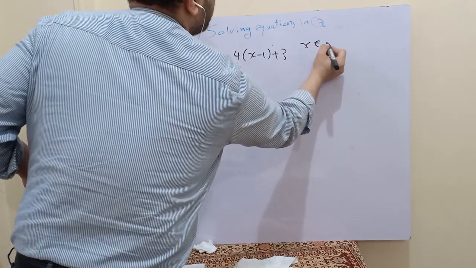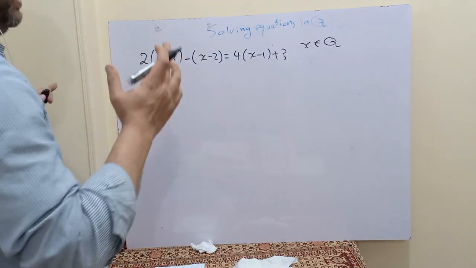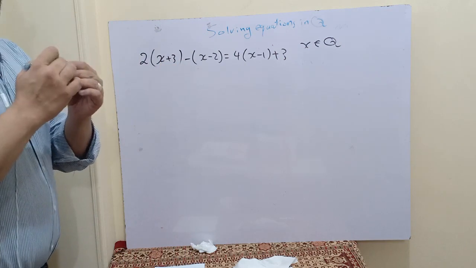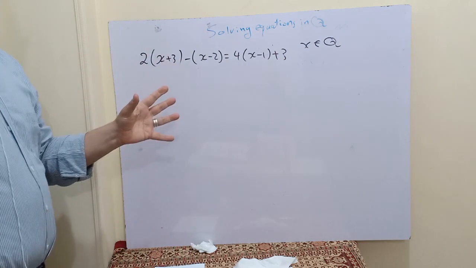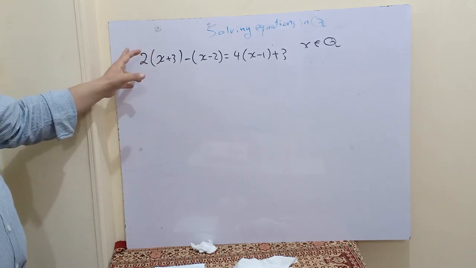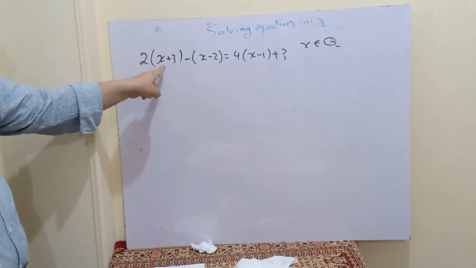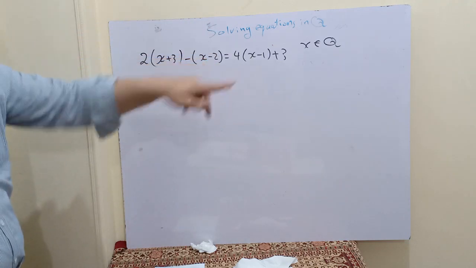When x belongs to rational numbers, it's so easy. Any bracket has a coefficient number. We will distribute this number among all terms inside the brackets.